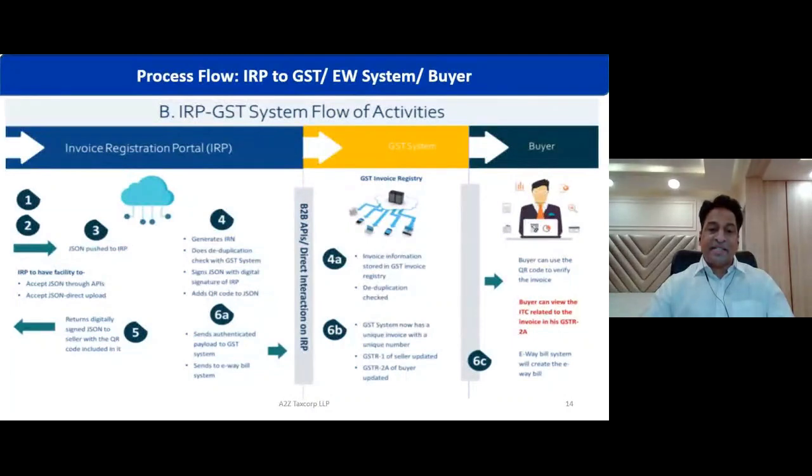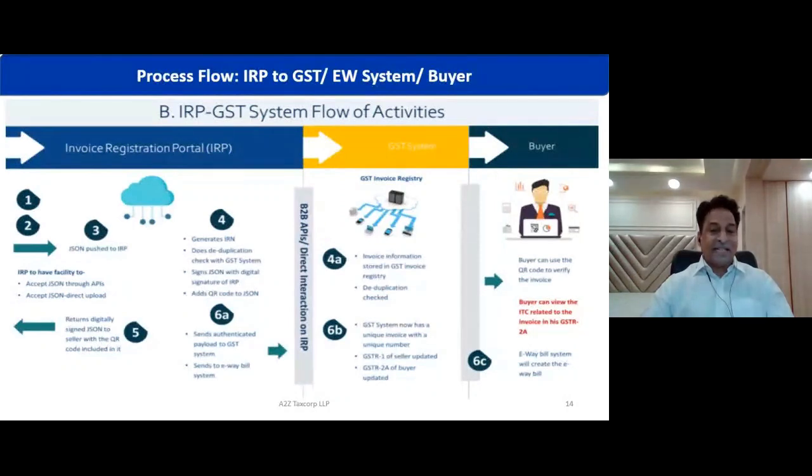Your GST system is going to get all the data checked, and once checked, it is going to auto-fill GSTR1 of the supplier: table 4A, 4B, 4C, table 6A, 6B, 6C, table 9B, and table 12 are auto-filled in GSTR1 of the supplier. And similarly, GSTR2A of the buyer gets updated for ITC availment.